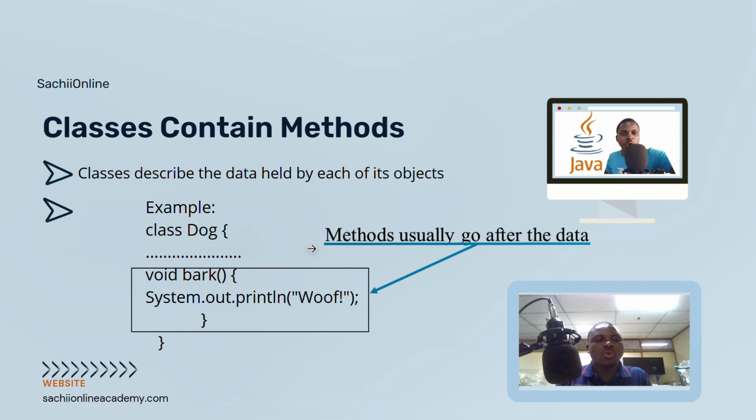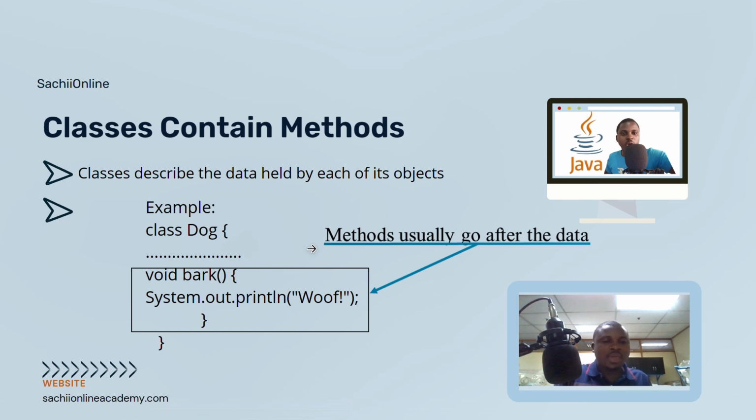So that's what you call a method in Java. I'm going to demonstrate this on the IDE where I'll be coding, but mostly I wanted you to understand that there's what we call an object and what we call a class. An object is the instance of a class, and the class itself is the blueprint from which objects are created, and it also holds the data and the behavior of an object.